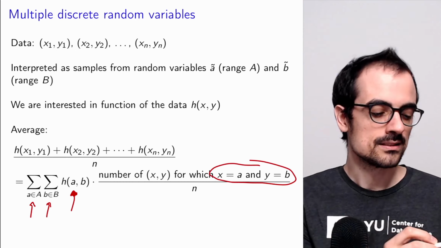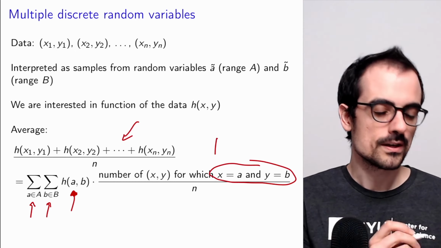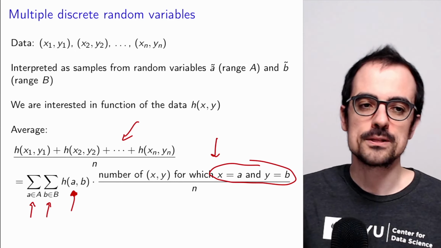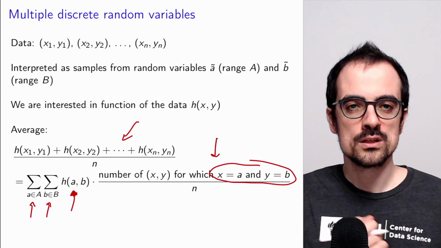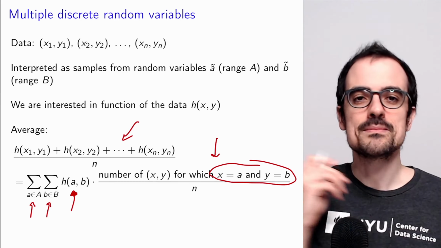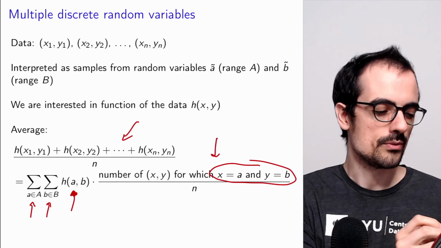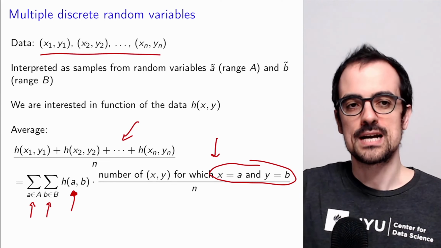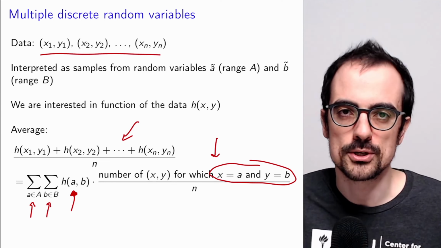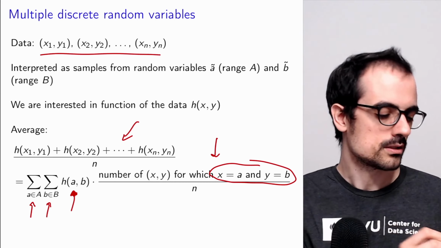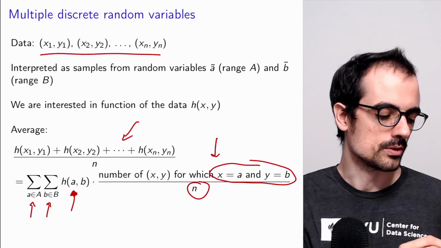Hopefully you see that this sum and this sum are going to be the same. For example, for the pair 3, 4, we multiply h of 3, 4 times the number of times that we see 3, 4 in the data set, and so on and so forth. We do this for all the possible pairs, and of course, we divide by n on both sides.